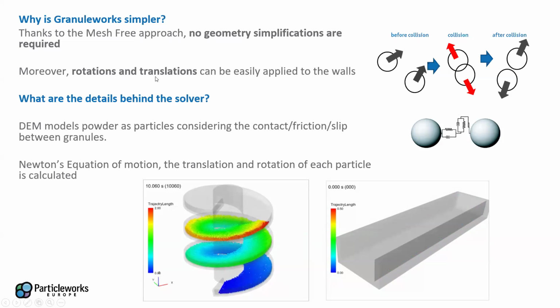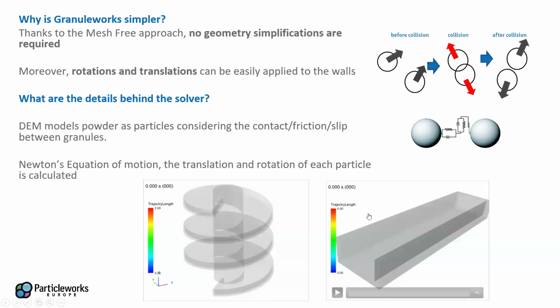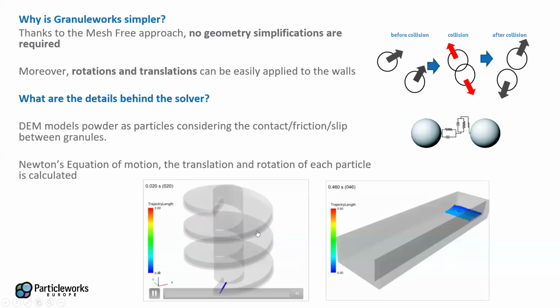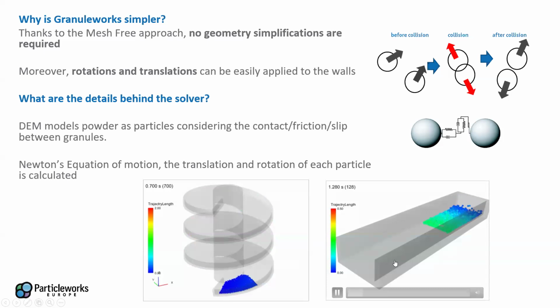We solve for rotation and translation of the powders, and apply also the interaction and collision and exclusion of volume, of course. We have friction, slip, and other types of interaction between the particles. So we have conveying systems analyzed, for instance, and so on.